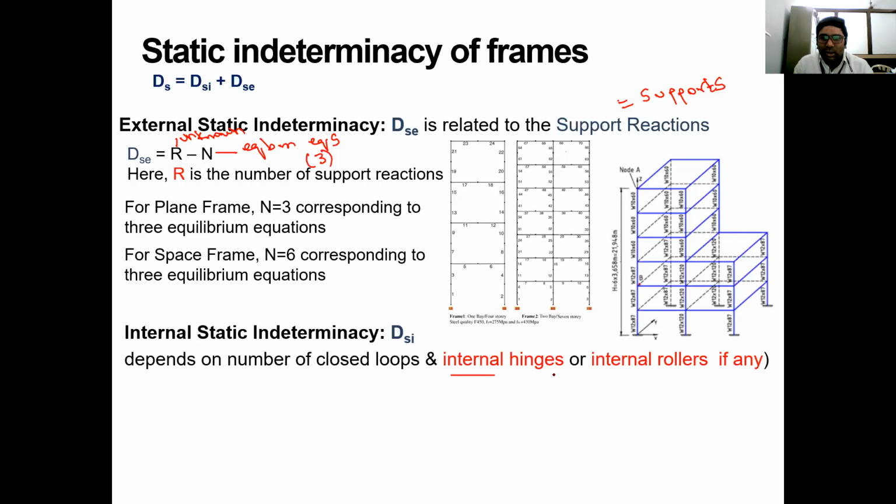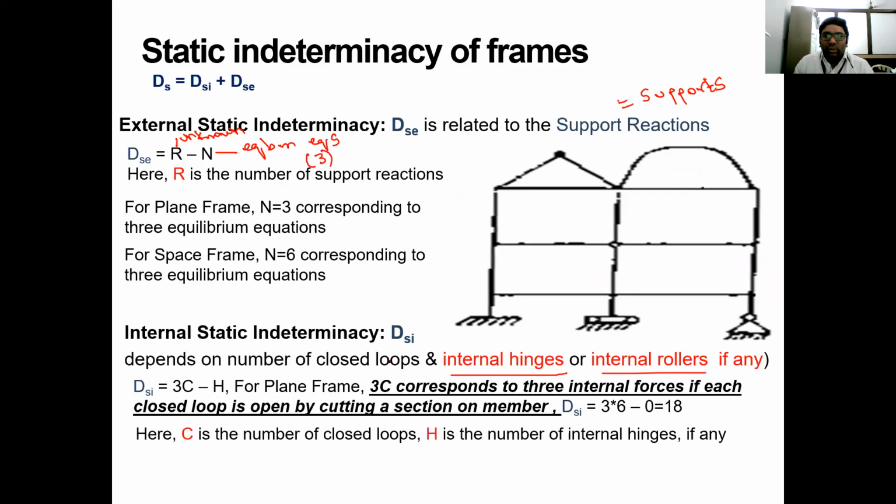And internal is always concerned with internal hinges or internal rollers. In such a case, all of you please see on the screen right now. This is given by the closed loop. So how many loops have been closed, or how many perfect rectangles or triangles or parabolic shapes are there which are completely closed? If all the sides of a frame are closed, that is one loop.